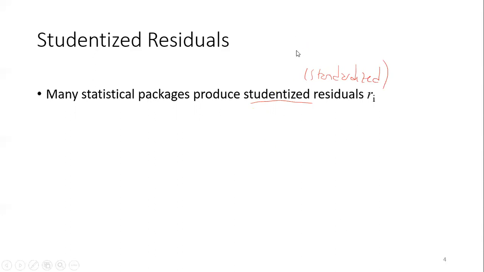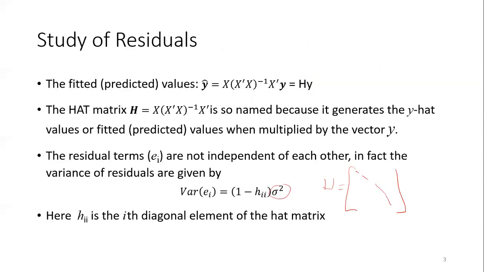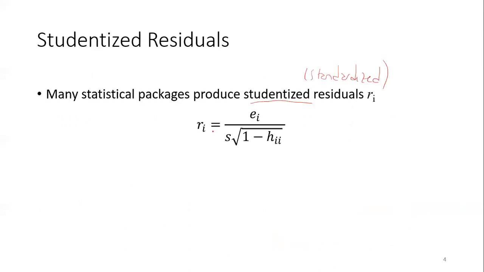Remember in the previous slide we said that the variance of e_i is 1 minus h_ii times sigma squared, hence the standard deviation is the square root of (1 minus h_ii) times sigma. Since we don't have sigma, we put the estimate there, which is S. This is the estimate for the standard deviation of the error.